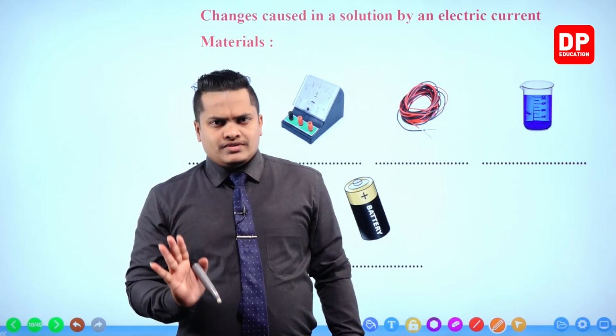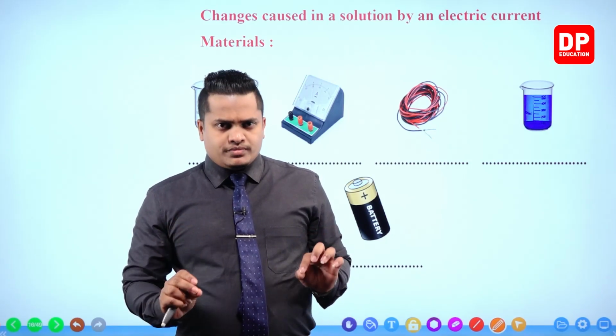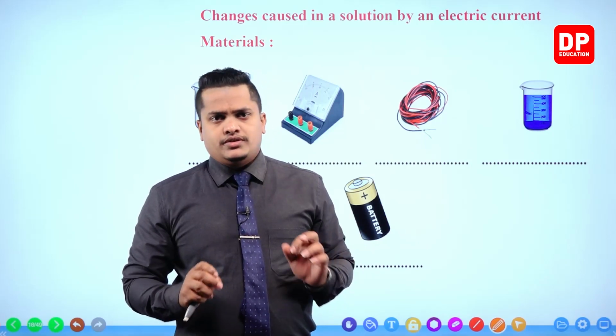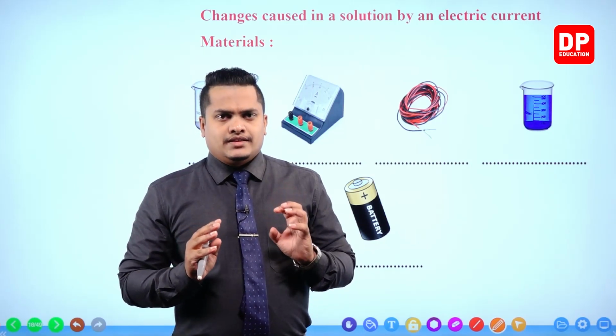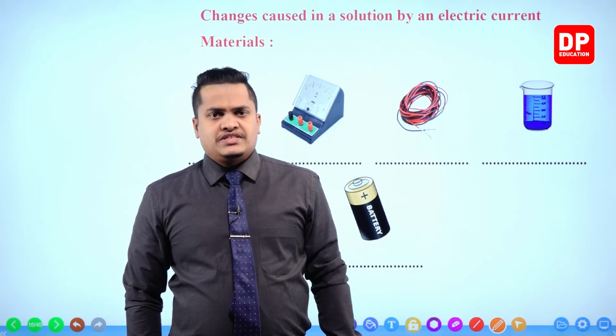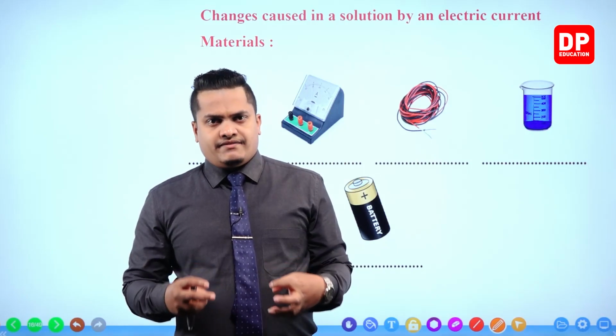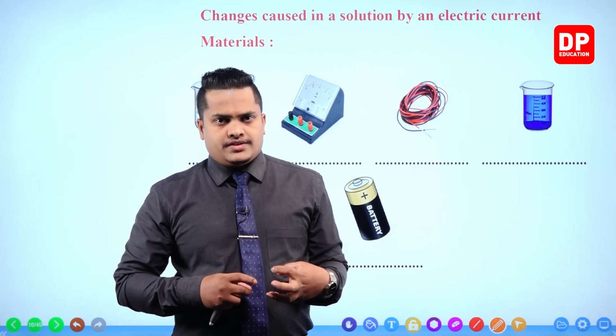When electrons are moved in a certain direction through an object or a solution, we can say that the solution or the object conducts electricity. So we studied that solutions conduct electricity mainly because of having mobile ions in them.